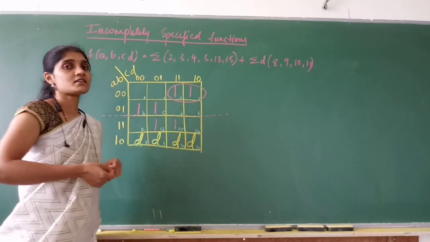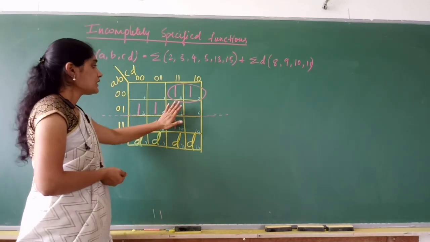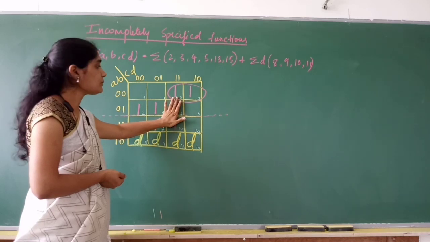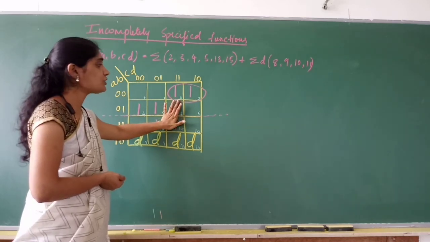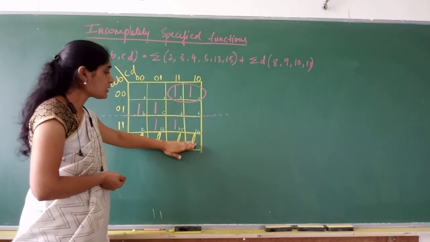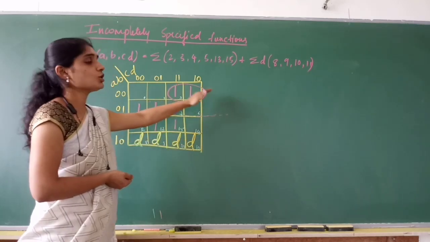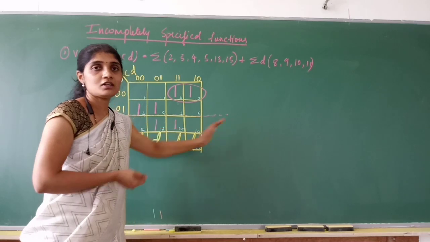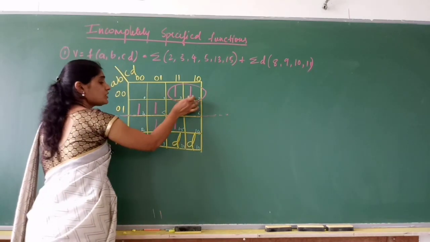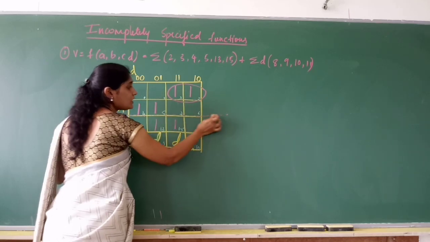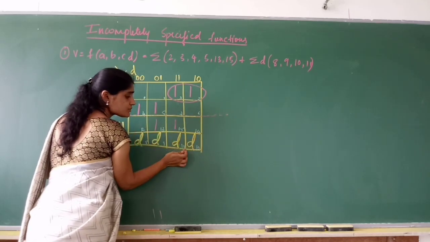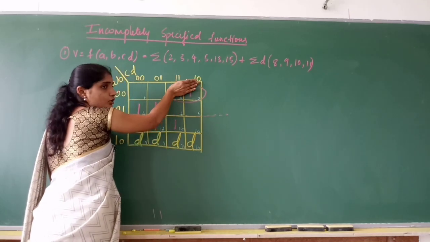So the rule of the K-map is, when you are grouping the min terms, if you have don't care terms adjacent to 2, 3, you can make use of them to get the simplified equation. When I fold the K-map, these two don't care terms 10 and 11 will overlap on 2 and 3.